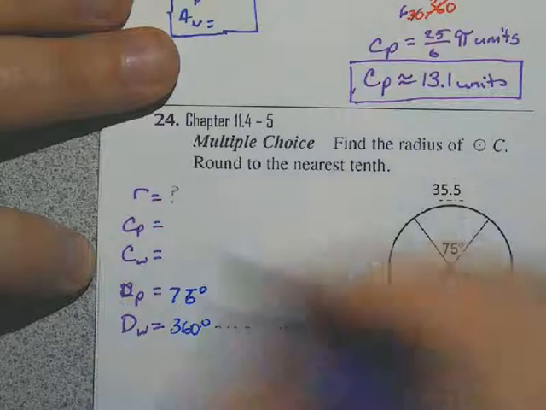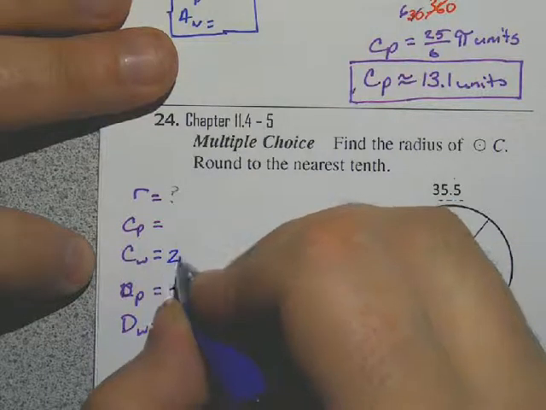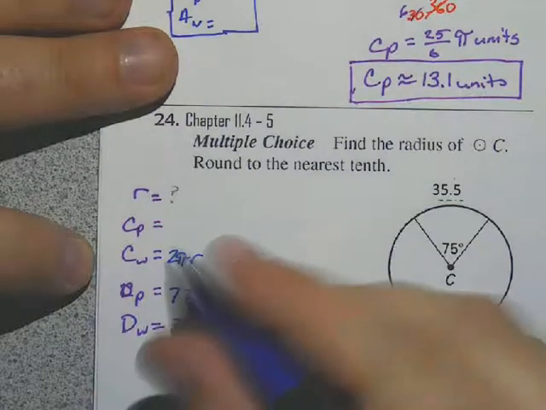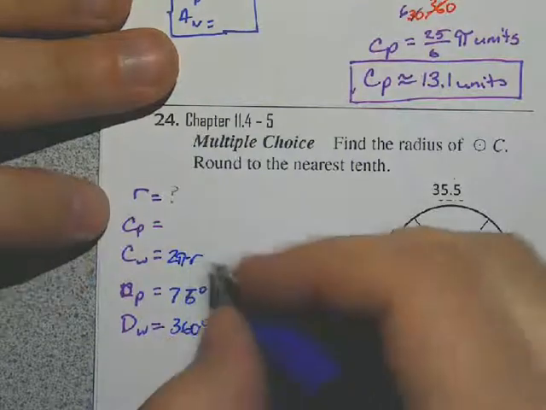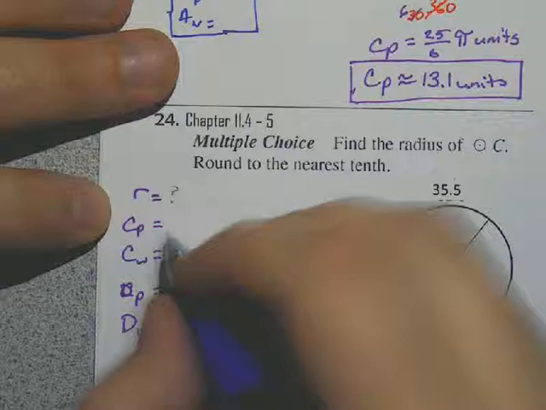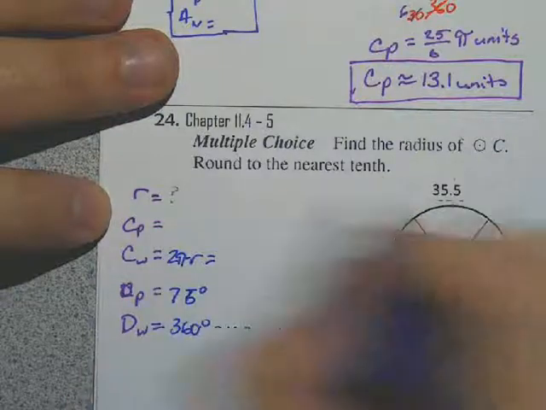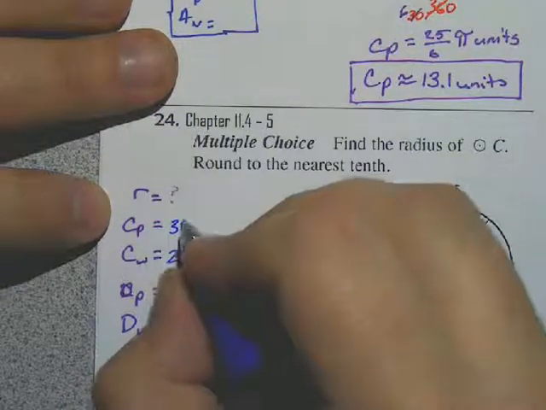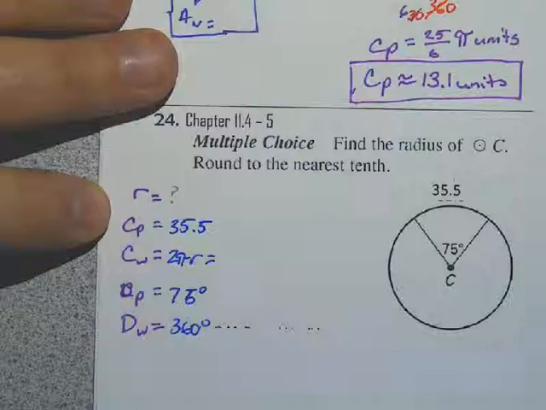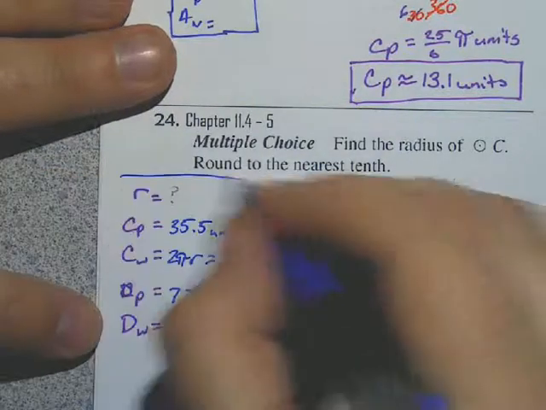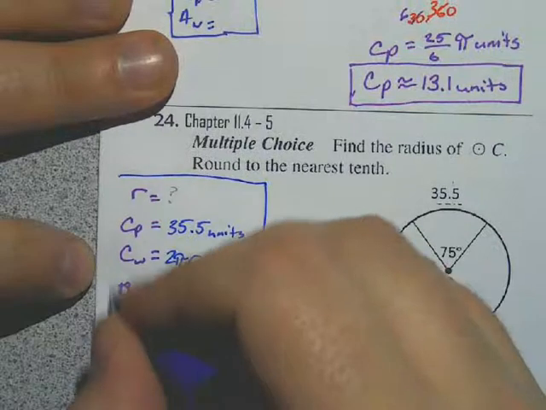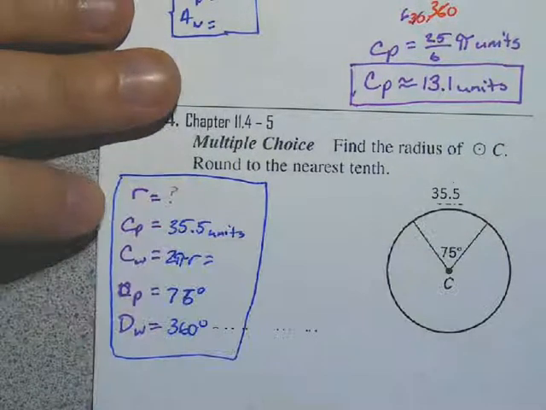The whole circumference is going to be 2 pi r, but we don't know what r is at this point, so let's just leave that. We'll try to figure that one out in a minute. And then the partial is going to be 35.5. And we don't know what that is, so we'll just call that units. So this is my data bank here, and I need to find the r.